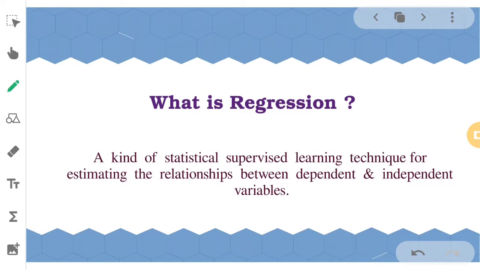A kind of statistical supervised learning technique for estimating the relationship between dependent and independent variables. And what is supervised learning? Because in this learning we are getting labeled data, so it is supervised learning. And what we are doing here, we are establishing a relation between dependent and independent variable.